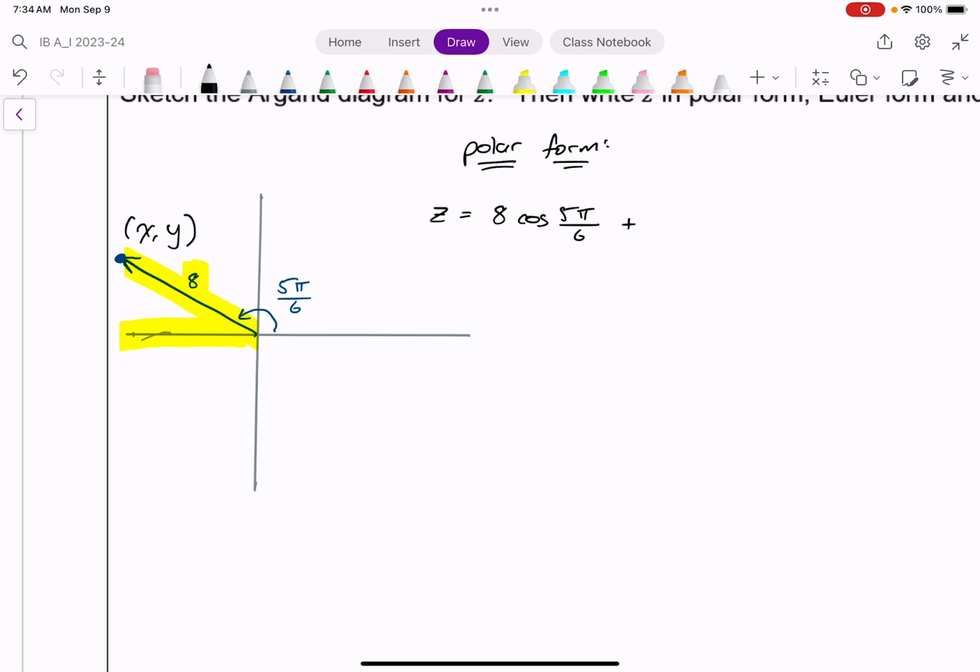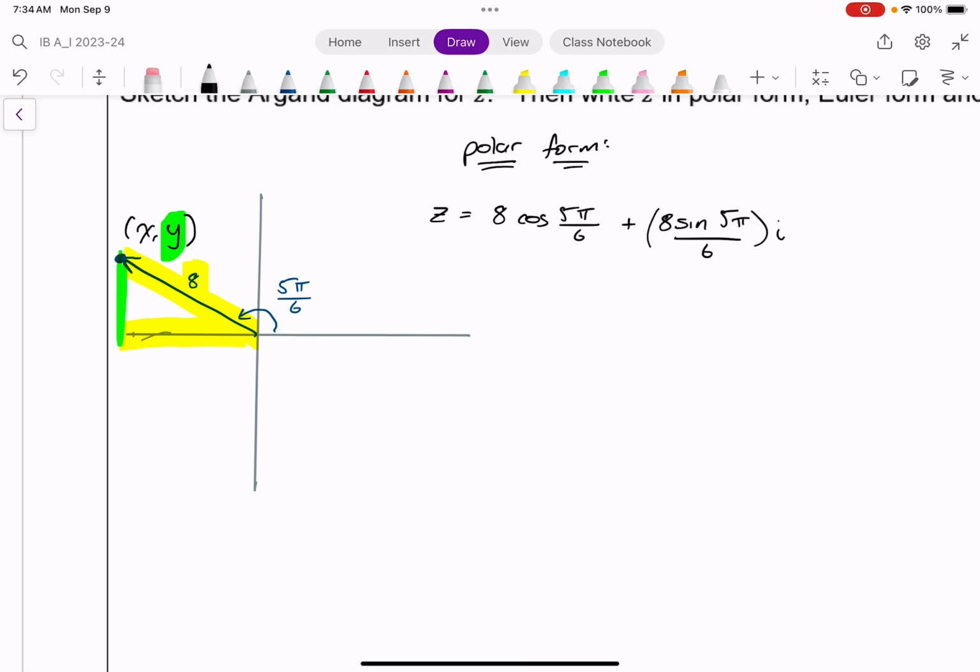Plus, no, I'm correct. Never mind. I'm just tired. And so the b is the y coordinate here, which is going to be 8 times the sine of 5 pi over 6. And all of that times i. So that's it. This is one way of showing in polar form.